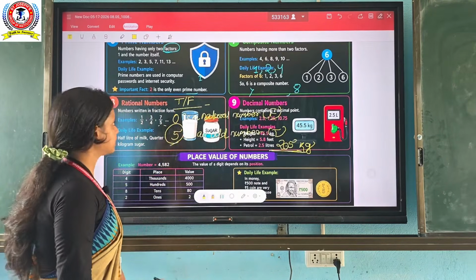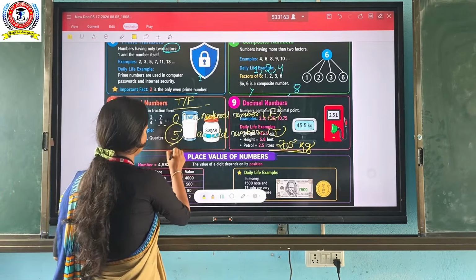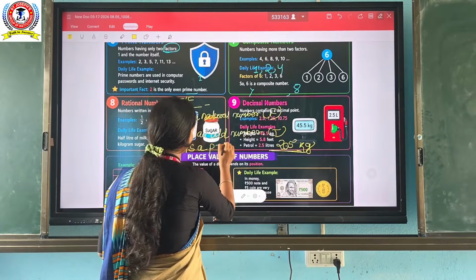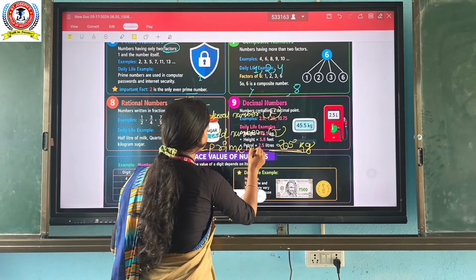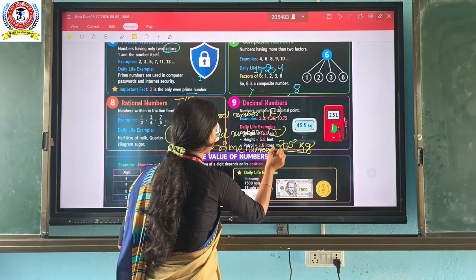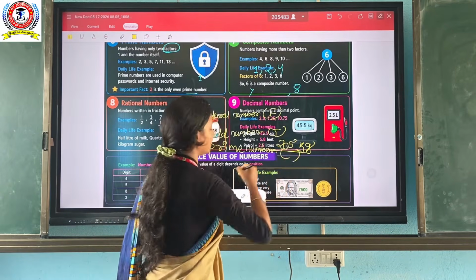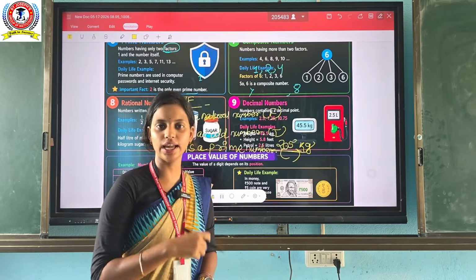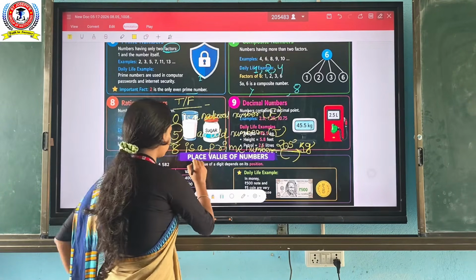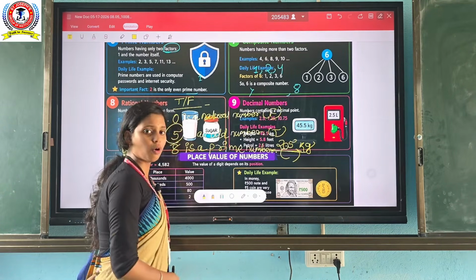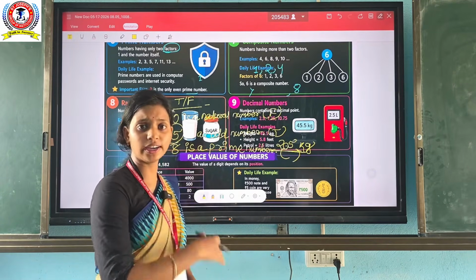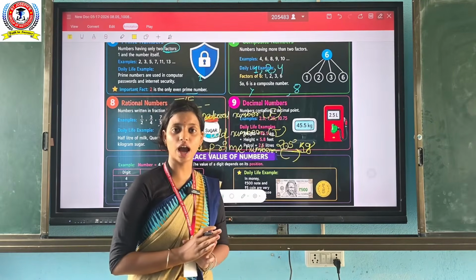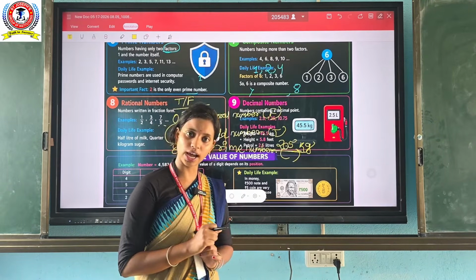Okay, so next is: 8 is a prime number. Is it true or false? Is 8 a prime number or not? To know if it is a prime number, we have to first find out the factors of 8, because the definition was that the number which has only 2 factors is known as a prime number.